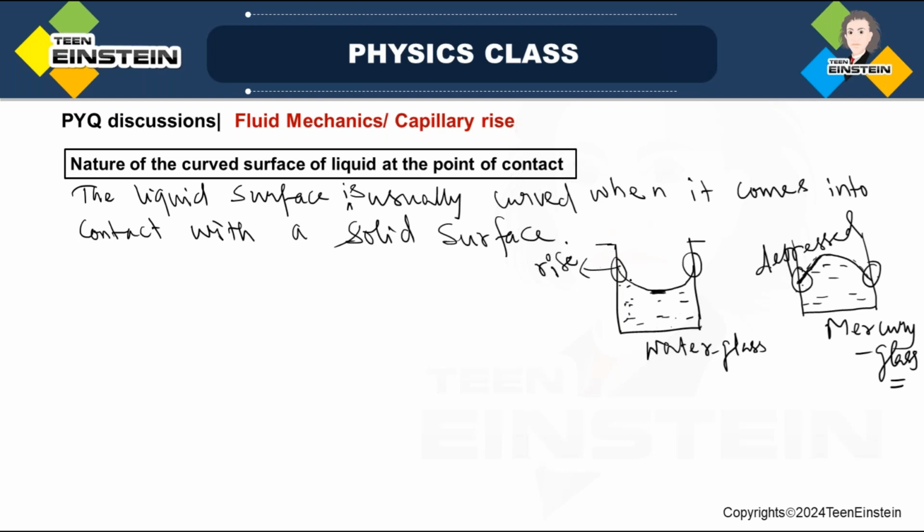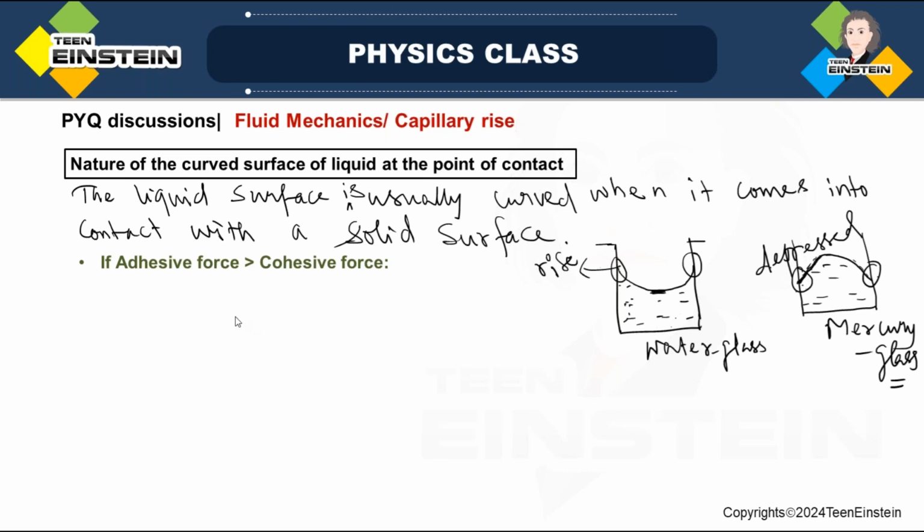So under what condition or situation does this rise or depression happen? What is the reason, or how do adhesive and cohesive forces interplay here? Let us see those situations.